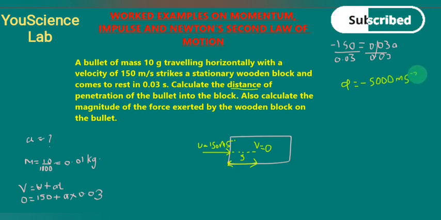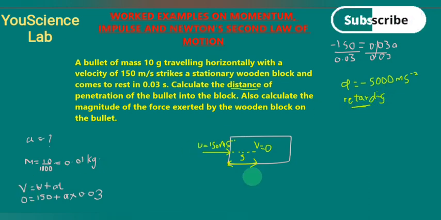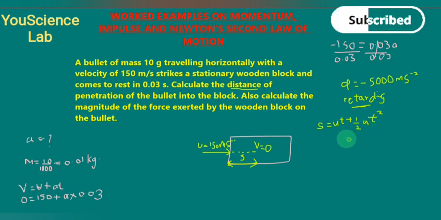Now the minus sign is because the bullet is actually decelerating inside the block. Now to find the distance traveled by the bullet inside the block, we use x is equal to ut plus half at squared, or you can also use v squared is equal to u squared plus 2as. These are the second and third equation of motion.